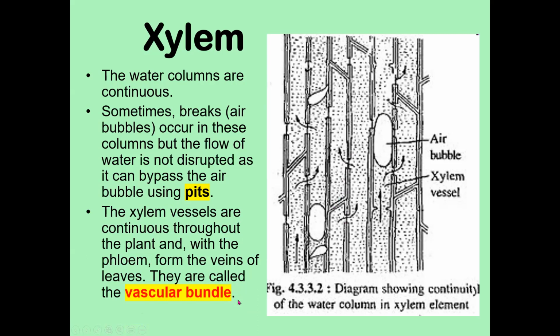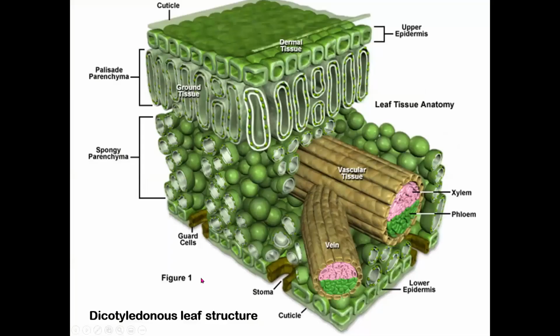Now, each one of these that I showed you before, the diagram where you have the bundle of the xylem and the phloem and the cambium, that's called the vascular bundle. It's a bundle of vessels. So this is a very good diagram of a dicot leaf structure.